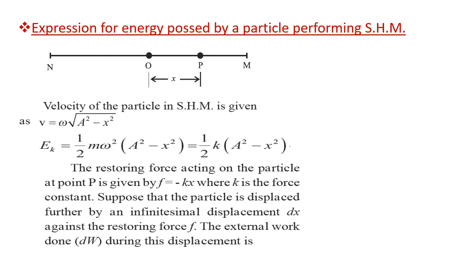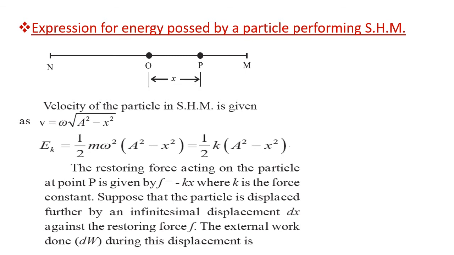Why? Because when the particle goes from mean position to extreme, momentarily it comes to rest and then it traces the reverse path. So we say that at extreme position the velocity of the particle is 0, and if there is no velocity, we will say that there is no kinetic energy.